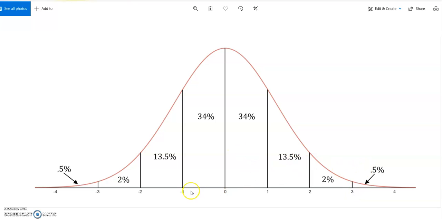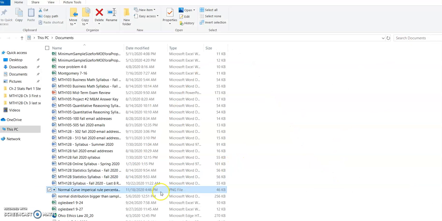These are the percentages. 1 standard deviation lower, 2 standard deviations lower, 3 standard deviations lower. Those percentages are not correct. Forget those. I just noticed that these percentages are not right. In my video, you'll see the correct percentages.